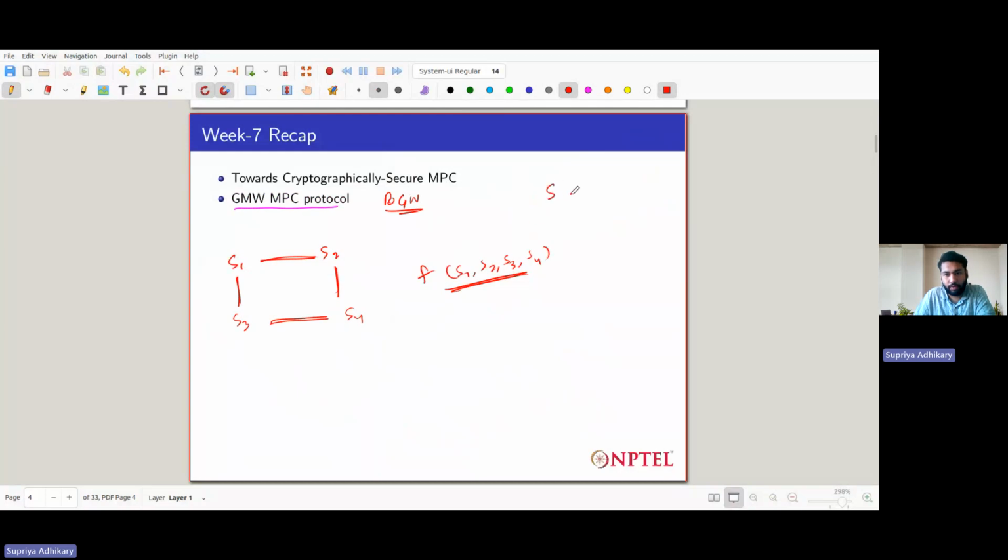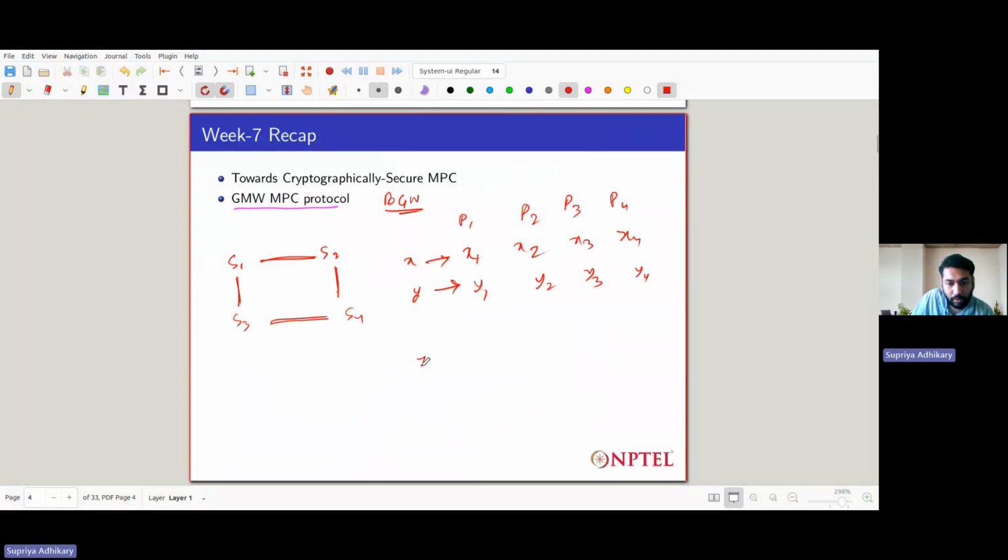But if they want to compute a multiplication circuit like x and y, suppose x1, x2, x3, x4 are the shares given to these four participants, and y1, y2, y3, y4 are the shares corresponding to the secret y.